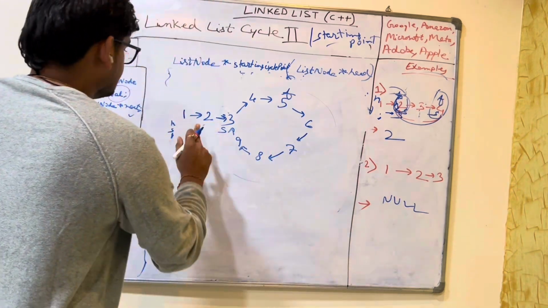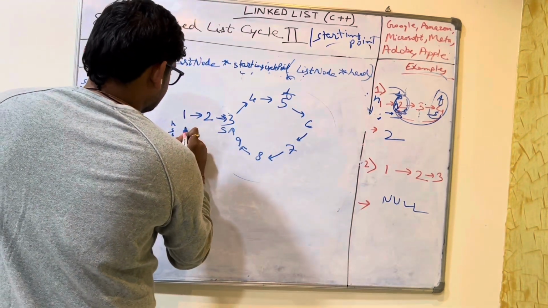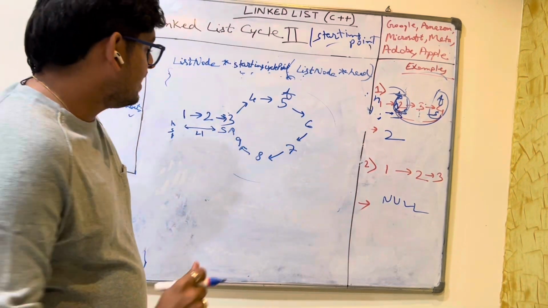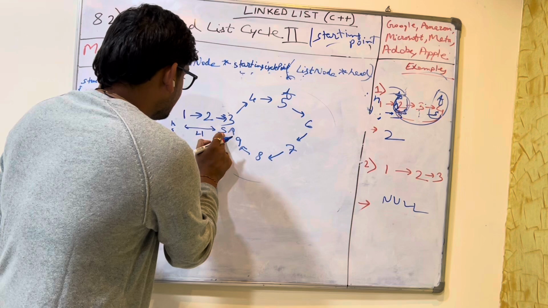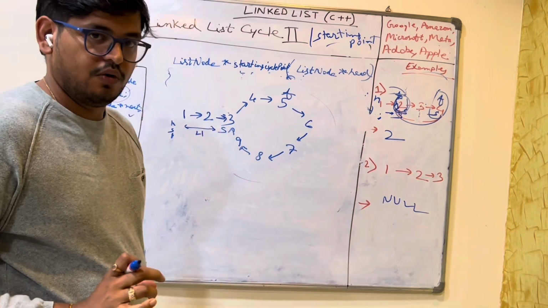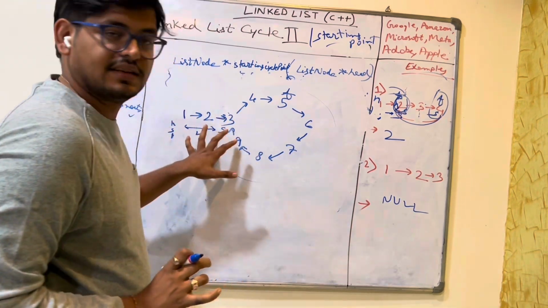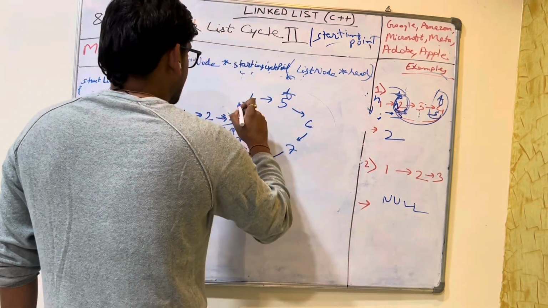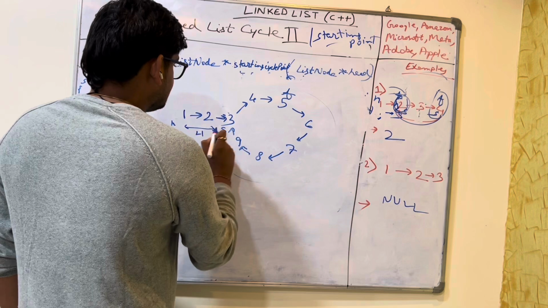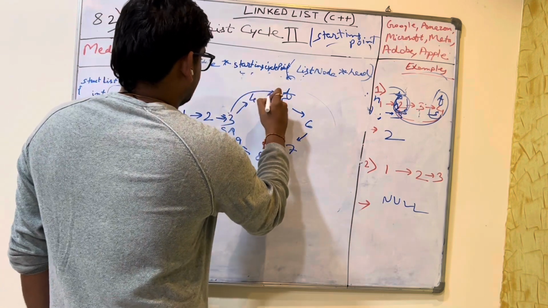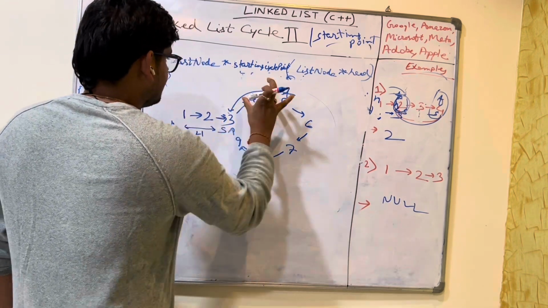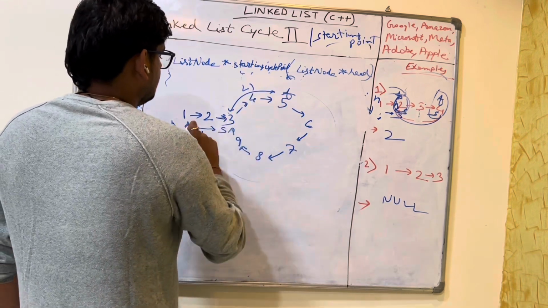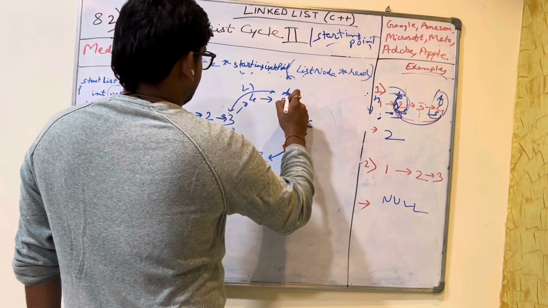If you consider that this is a length of L1, okay, then if S has crossed L1 till now, which is the starting point's length, in that time fast crosses 2 into L1, right? So this is L1 and this is also L1 because the length is the same.